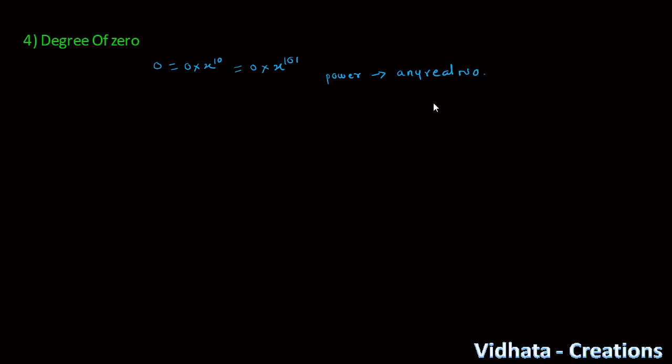It means for the zero polynomial, we cannot decide what exactly the degree is. A single degree we can't take in case of the zero polynomial. That's why, because of that reason, the degree of the zero polynomial is not defined.